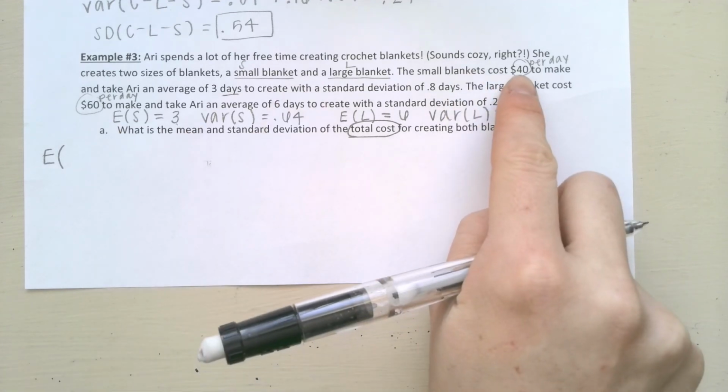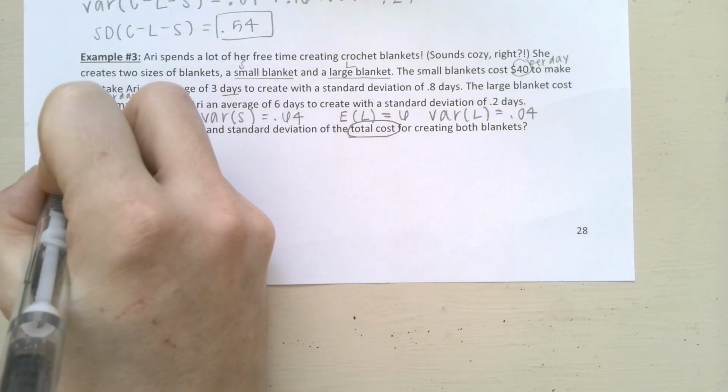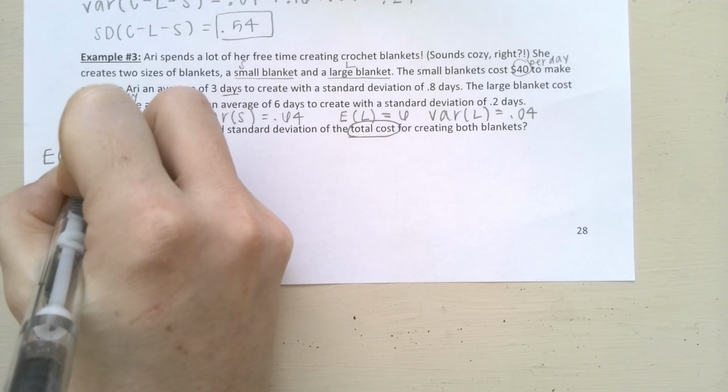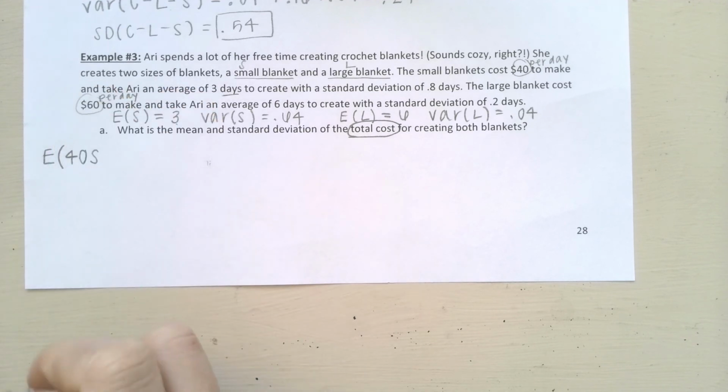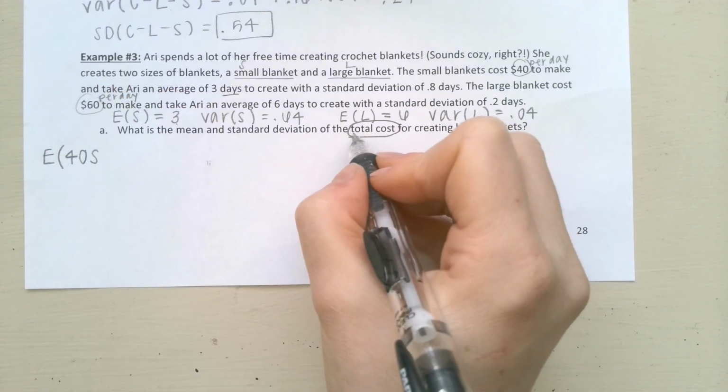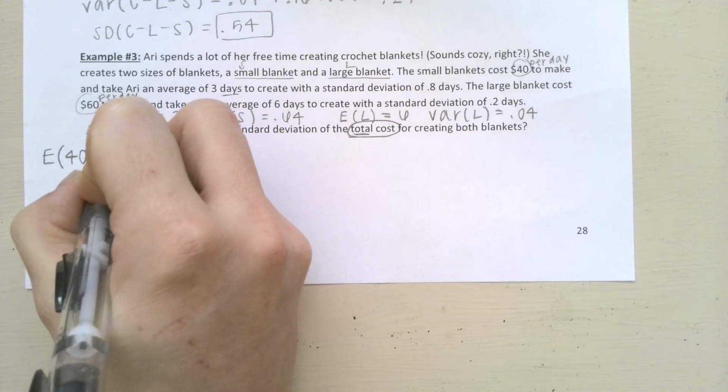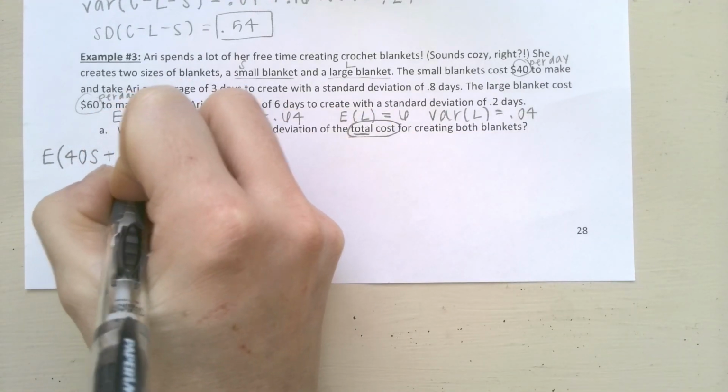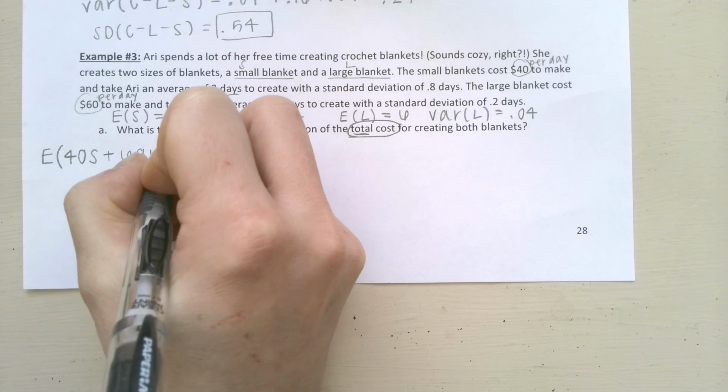So it cost her $40 for each of those small blankets, so I'm going to do 40S. And I'm looking for total cost, so I'm going to add it to the 60 large.